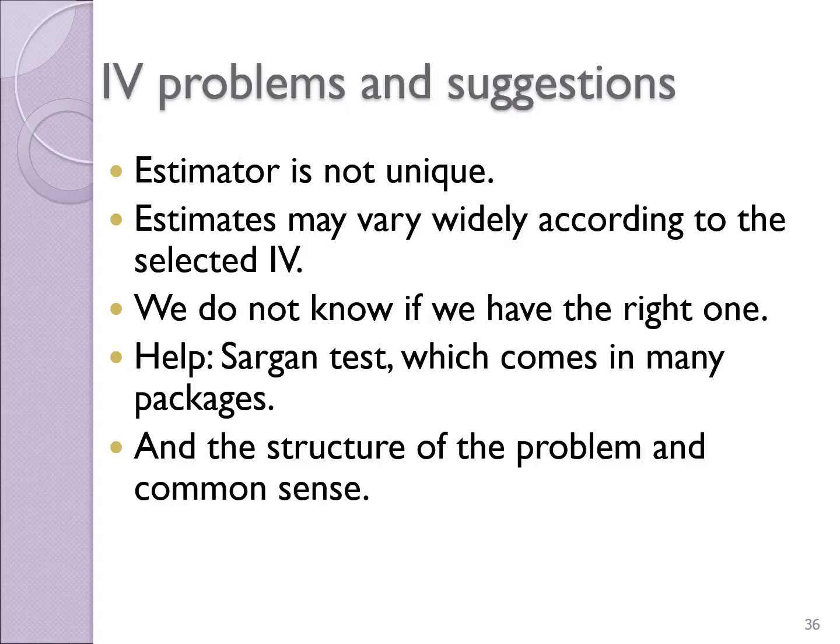Typically, you have some help using the Sargan test, which appears in some packages but not in Stata directly, but there is a fix for that because you can use a user-defined Sargan test version. Also, the structure of the problem and common sense will help you decide which variables to use as instrumental variables and which not to use.